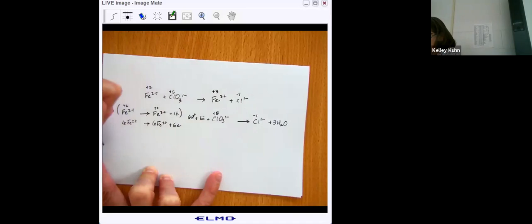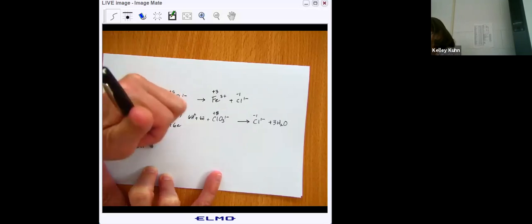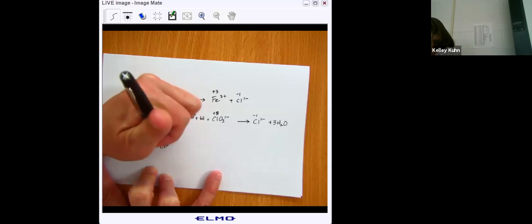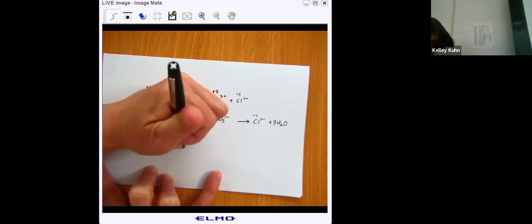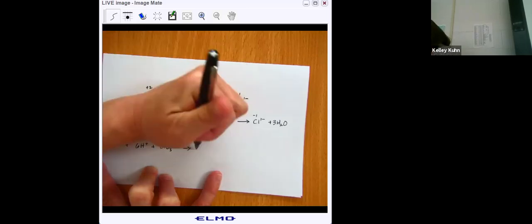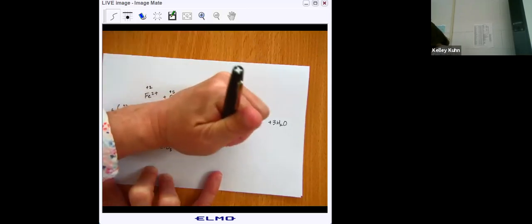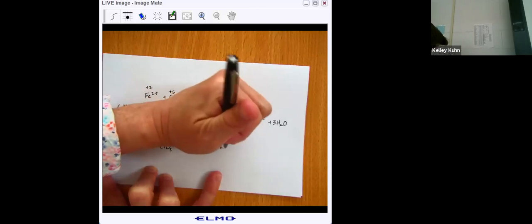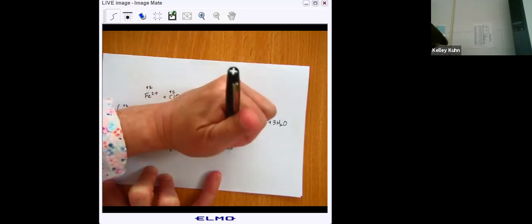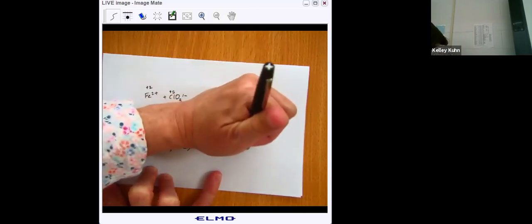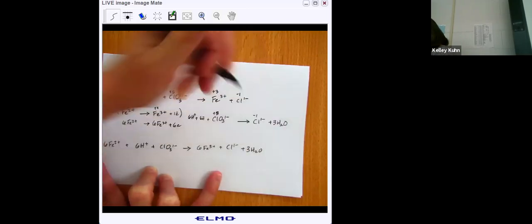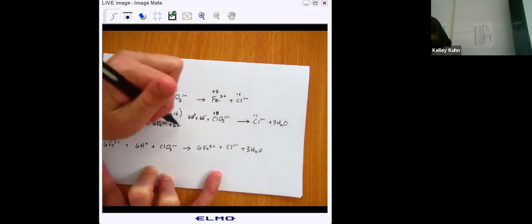I've got my 6 iron 2+ and my 6 hydrogen ions and my chlorate ion going to 6 iron 3+ plus chloride ion and 3 waters, because my electrons canceled out.